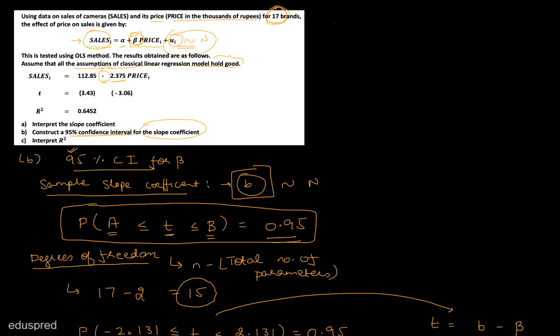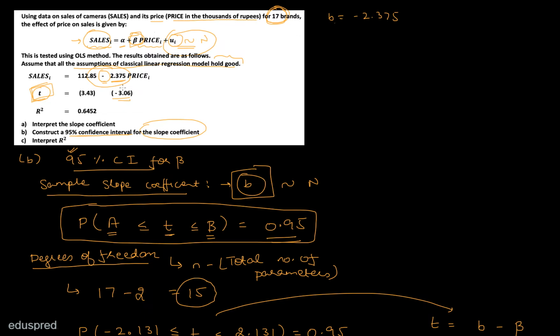So as you can see, the value of b is equal to minus 2.375. So this is given to us directly, but we are not given standard error of b. We are given t value corresponding to this coefficient over here. Now there is one thing that you need to note over here, that this t value that's given to us is by default under the null hypothesis that the population coefficient is equal to 0.